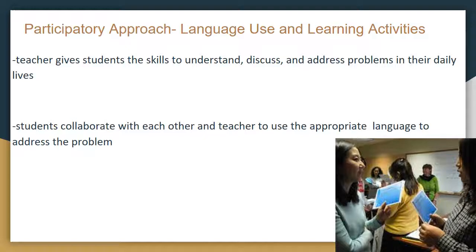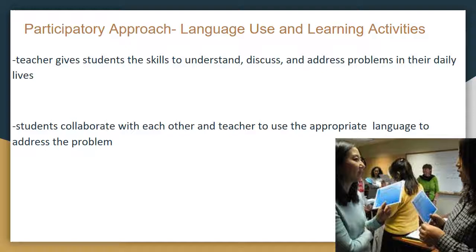So once again, the teacher will give students the skills to understand the problem in the target language, to discuss and communicate the issue in the target language, and address the problem, like fix the problem in their daily lives when they're using that target language in the majority culture or the majority language. So in the United States, it would be English.